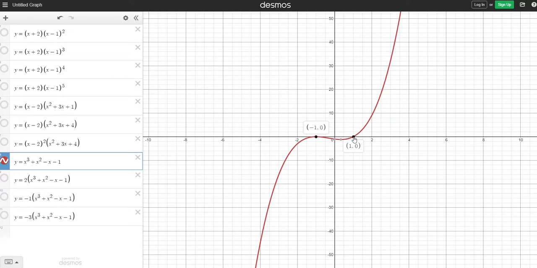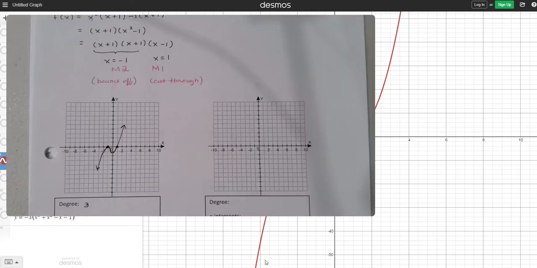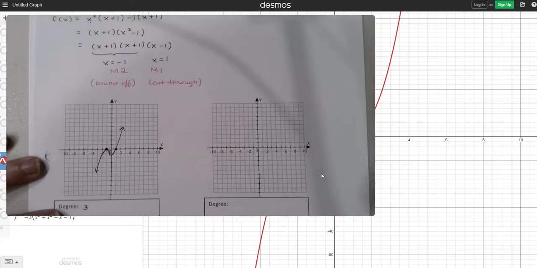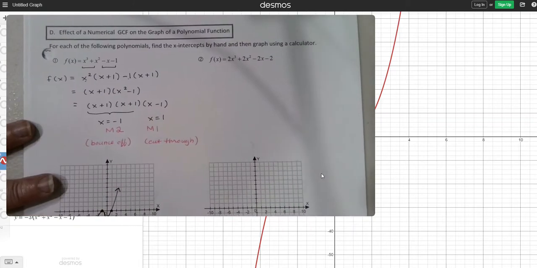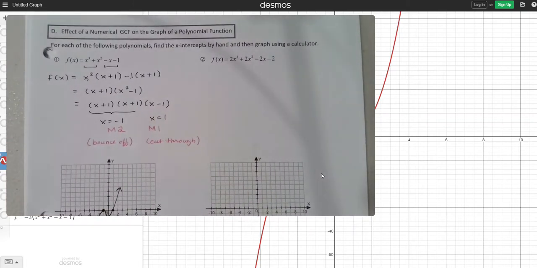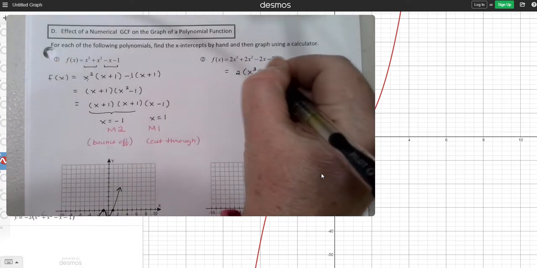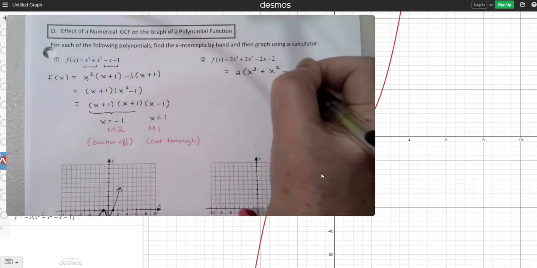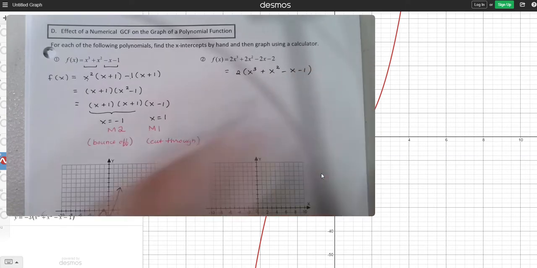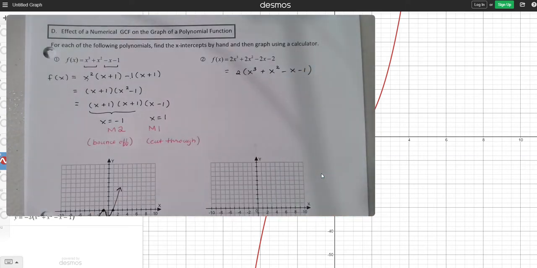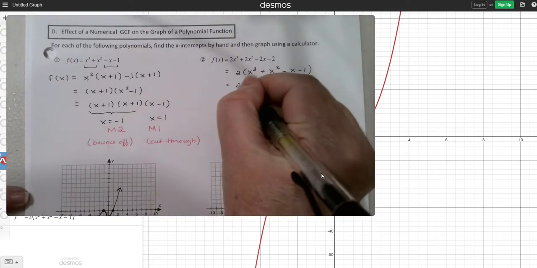All right, the next several problems are just going to be the same exact polynomial, but with a common multiple running throughout it. So you'll notice here in number 2, if I factored out the 2, I would have the same polynomial as the one I just finished working with. So I can actually steal my factoring from over here.